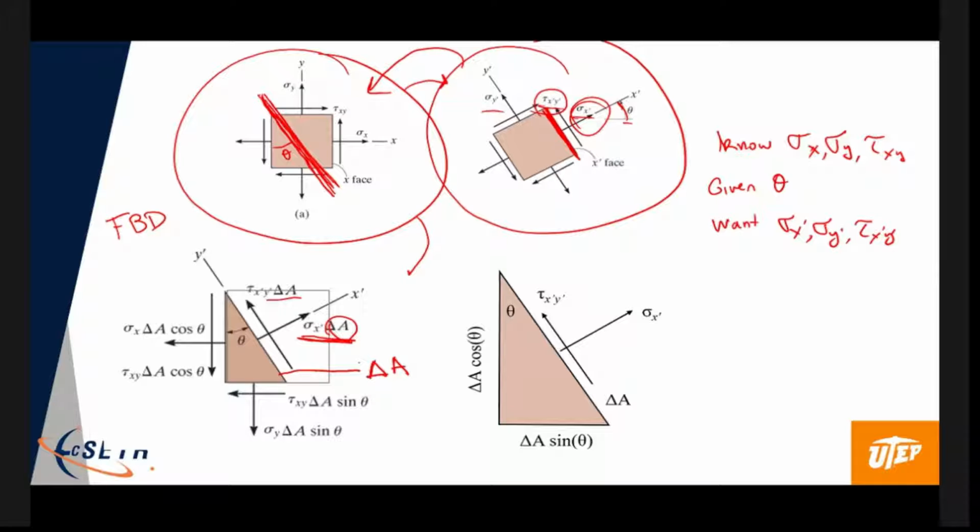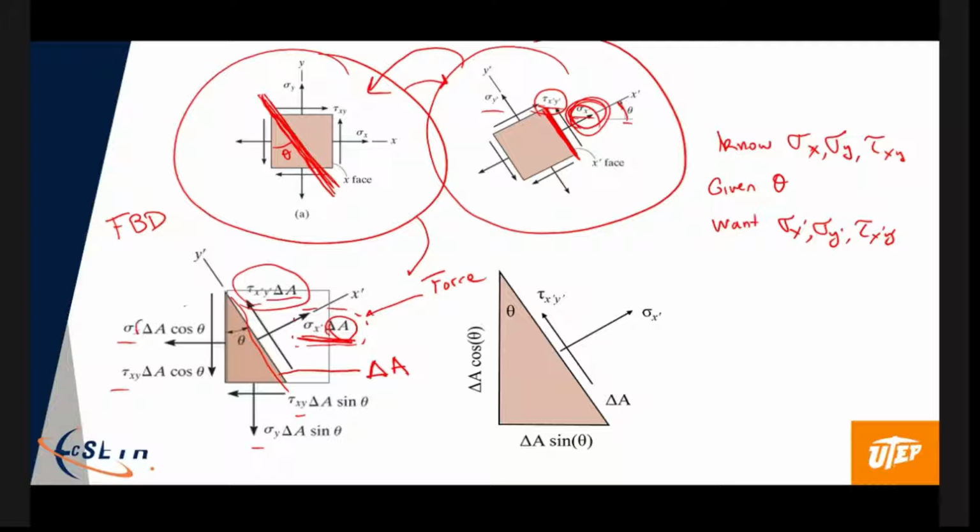That is a force, the net force of the sigma x prime normal stress acting on this cut face. Likewise, this is the net force from the tau x prime y prime acting on that face. And we have the same here, here, here, and here.